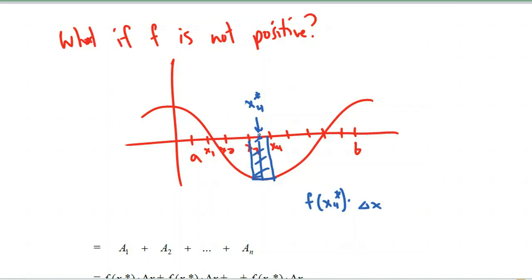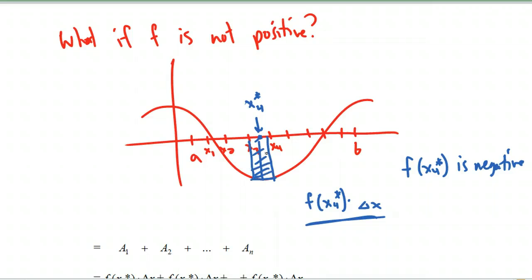Now notice f of x sub 4 star right here gives us this negative number down here. So f of x sub 4 star is negative, and so when we multiply it by delta x, we get a negative number.